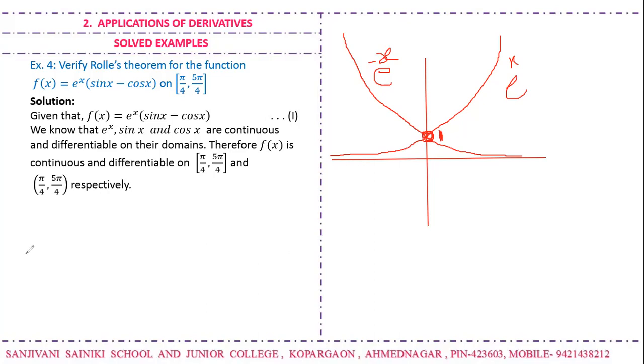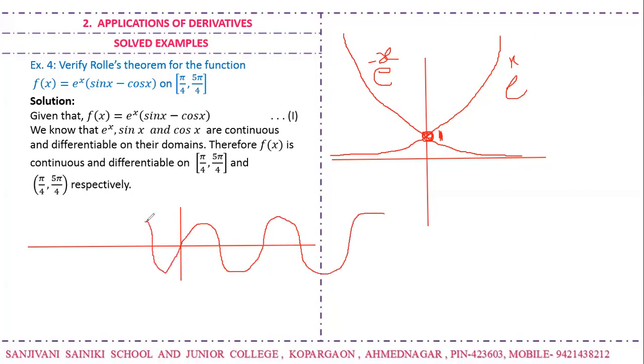Now look at sin x. Again, we know the graph of the sine function. How does it look? Sine 0 is 0, so it looks like this. To the left of the origin it is also the same.